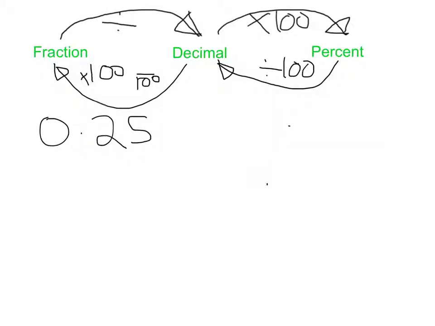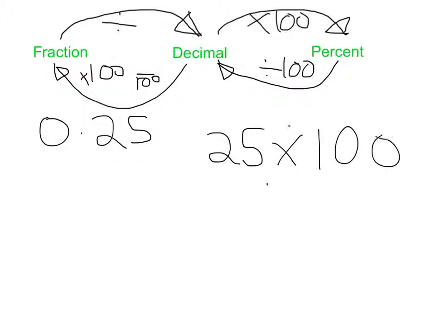Now, we will turn our decimal, 0.25, back into a fraction. This might seem a little weird, but now we are going to multiply by 100. Or in the fraction, our denominator will be 100. So 25 times 100. Well, we can do the same thing as division.